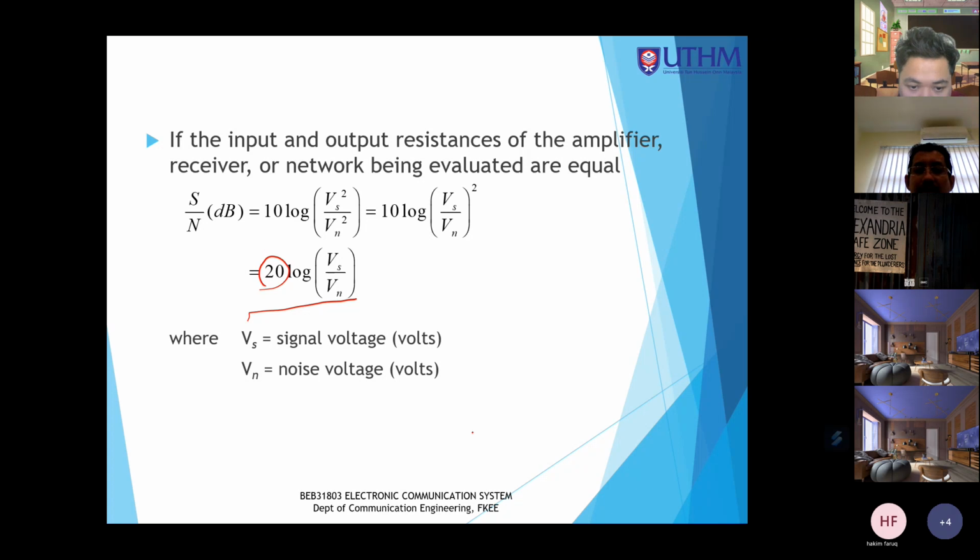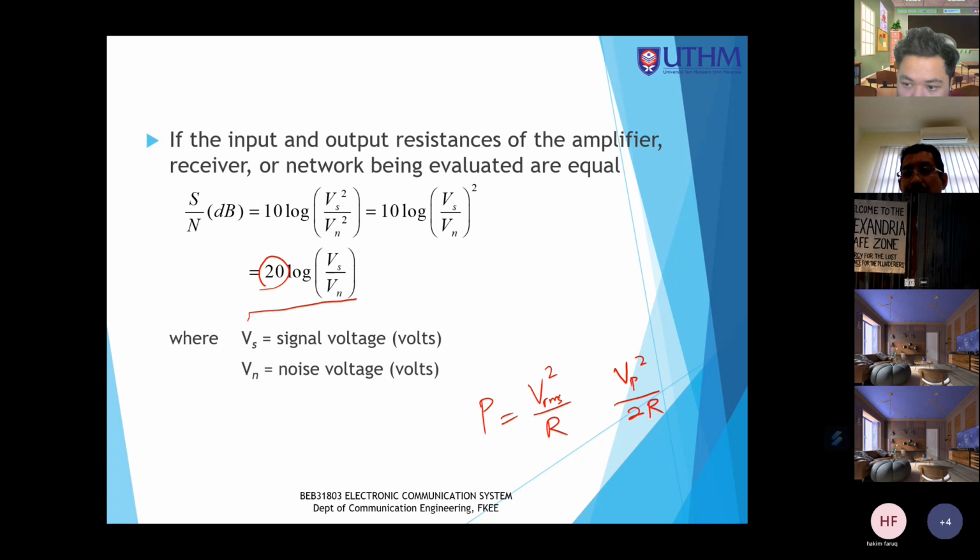Tadi, remember the power equation is V square over R. This is based on the Ohm's law, V square over R. This is RMS. Kalau kita menggunakan V peak, V peak square divided by 2R.